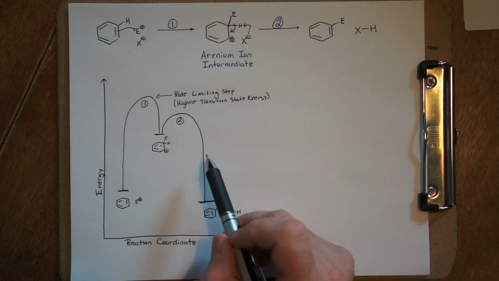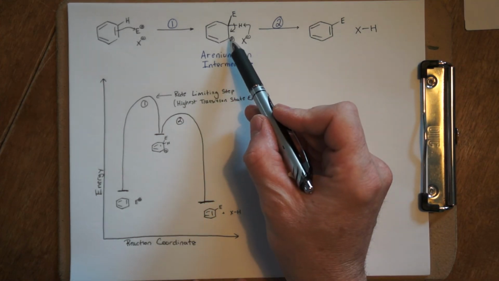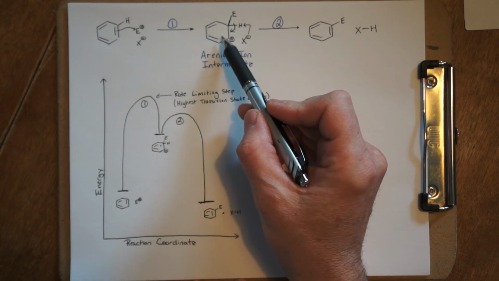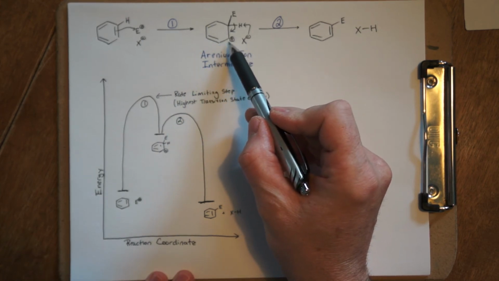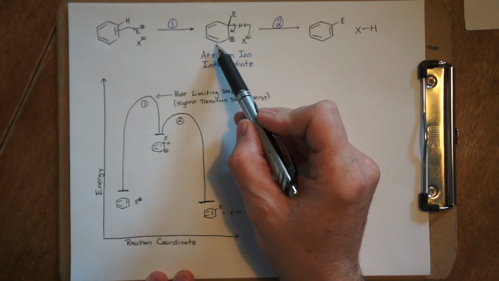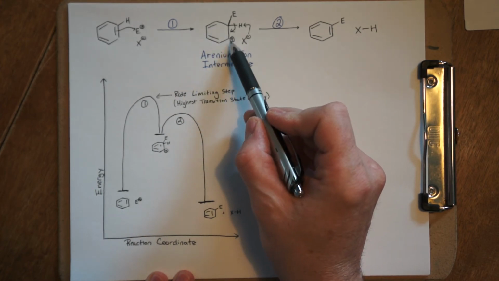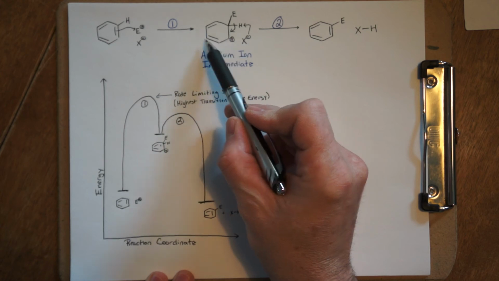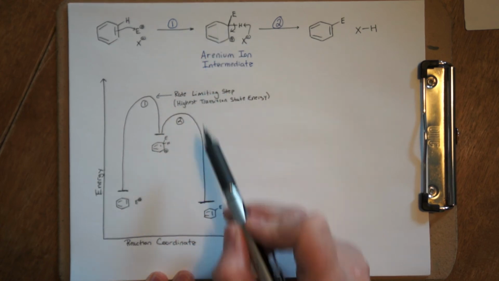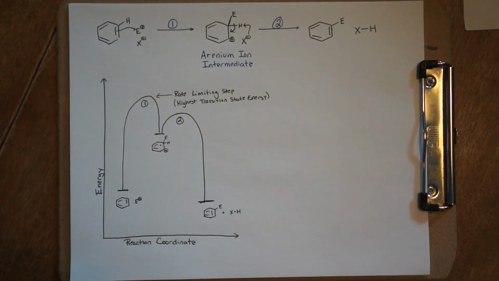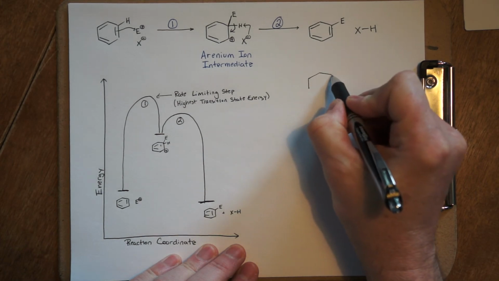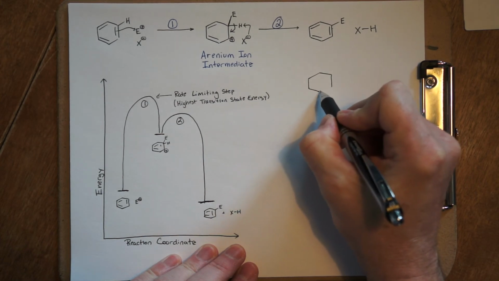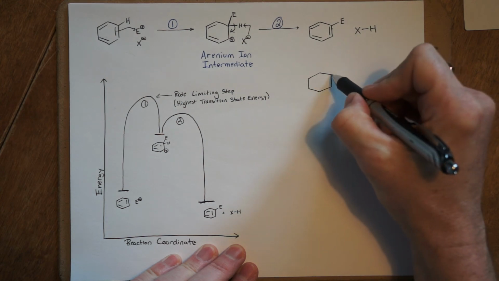It is important to note, however, that even though this does not have aromaticity, right, that positive charge can be stabilized through resonance, right? So we can shift that positive charge around from this position to this position to that position, just through resonance. Right, so what I want you to do now is take an opportunity to draw out the resonance structures of that arenium ion, just so you know how to push the arrows.